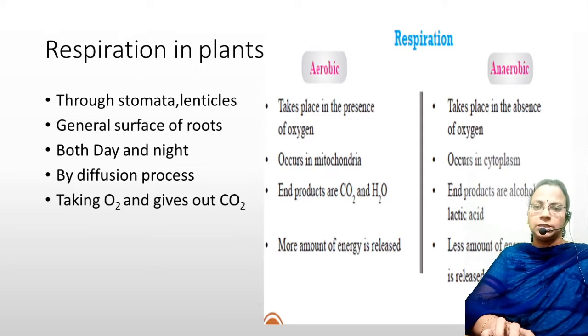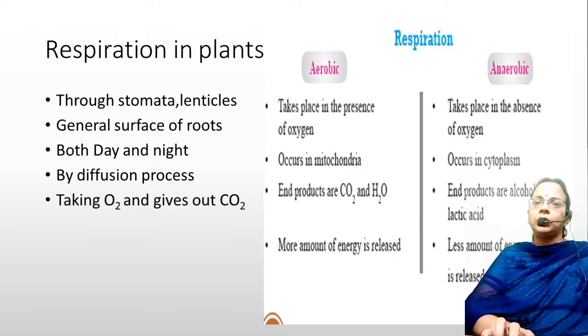Depending upon the situation, the products of anaerobic respiration also vary. The energy produced will be very little compared to aerobic, only 2 molecules of ATP in anaerobic respiration. But since yeast is unicellular with a very simple organization, that is enough for the yeast to continue its metabolic activities.